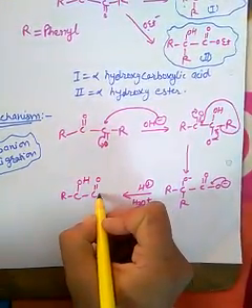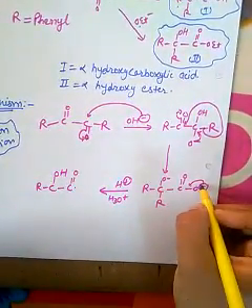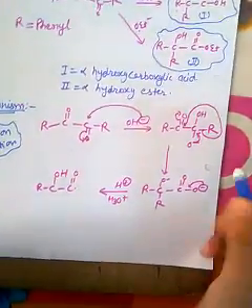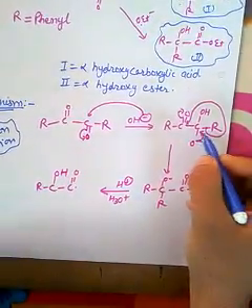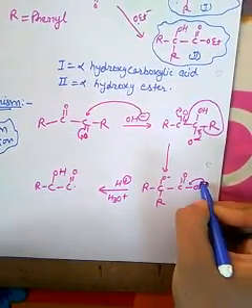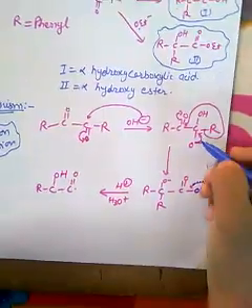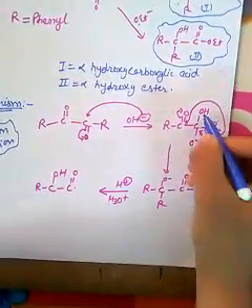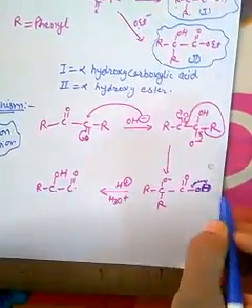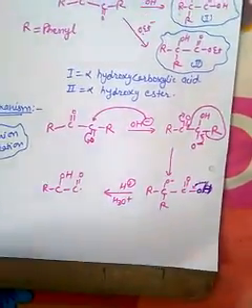Oh sorry, I made a small mistake: here this is a double bond oxygen and OH, here is OH. As you see from above, only this double bond migrates here, which becomes a double bond oxygen, and OH remains as it is. So here OH. This is the product formed here.